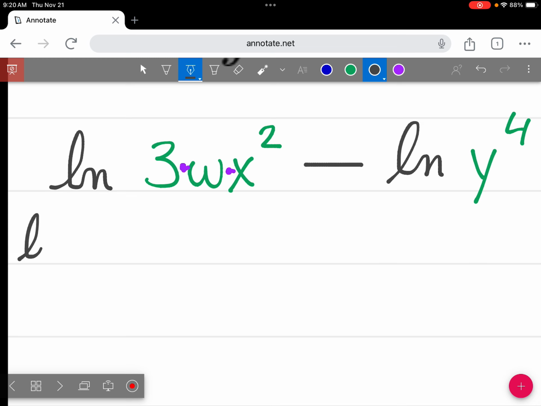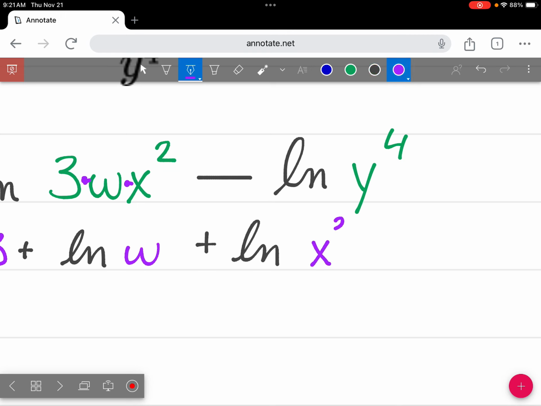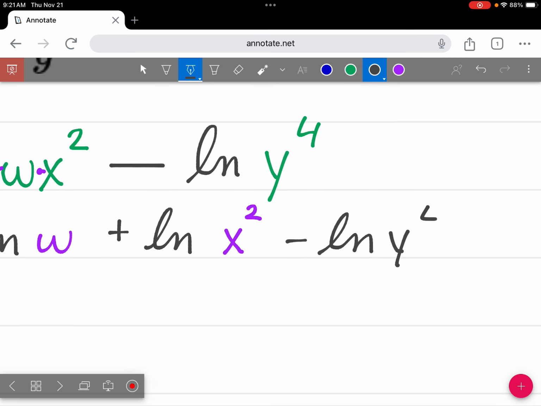We're going to have our natural log of 3 plus the natural log of w plus the natural log of our x squared, and also then minus our natural log of y to the fourth. So fully separating each piece. We are not keeping coefficients in there. We're not keeping anything together. I need all of my logs to just have one thing after. So just be careful with that.